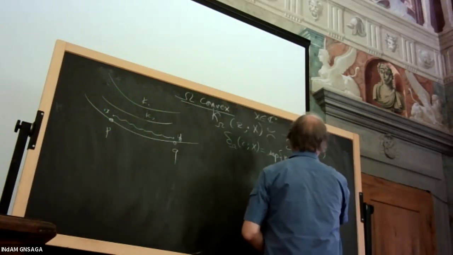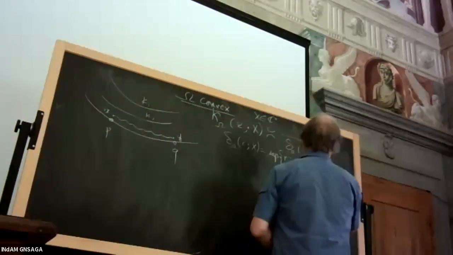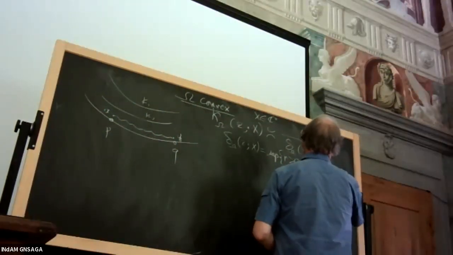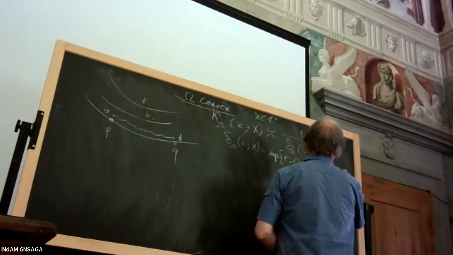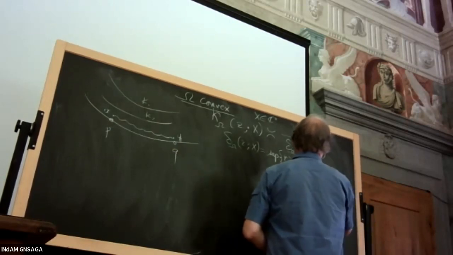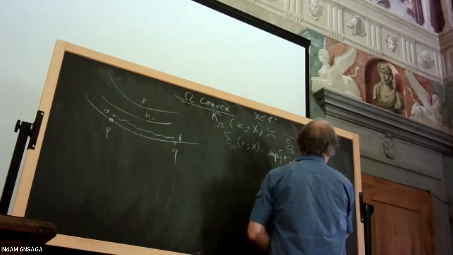So z plus r lambda x is contained in omega for any lambda in the disk.